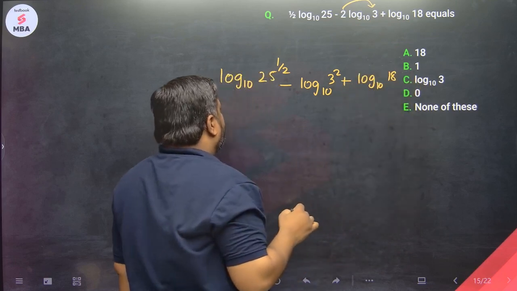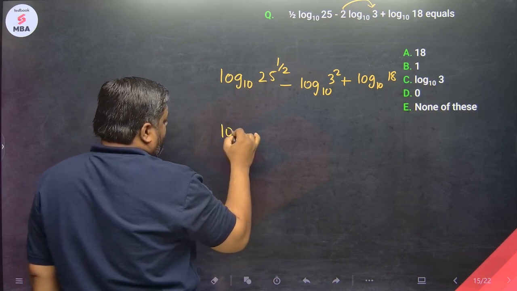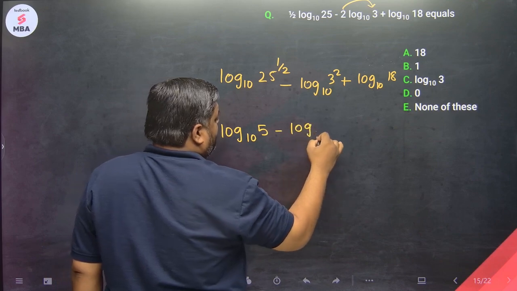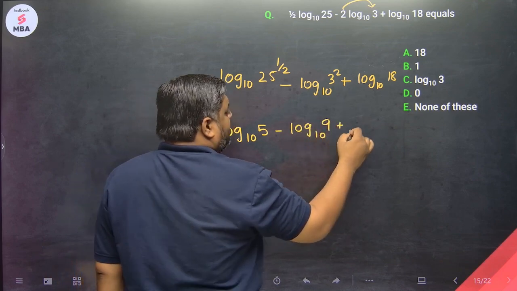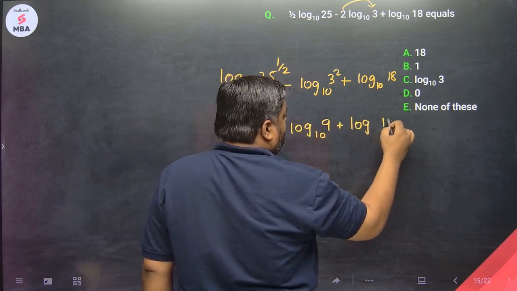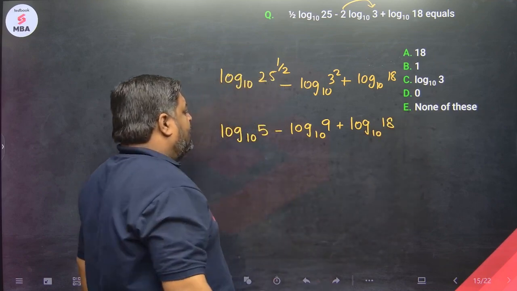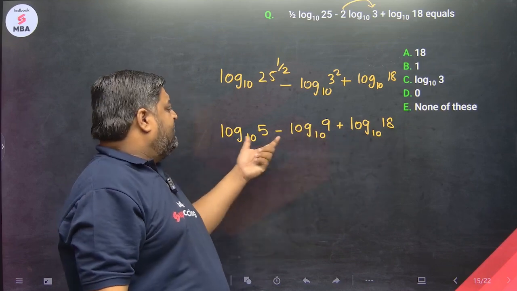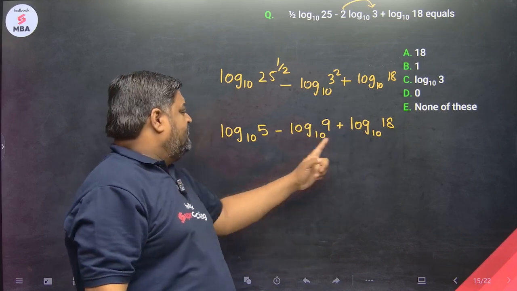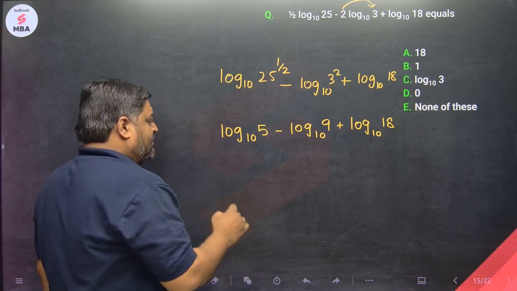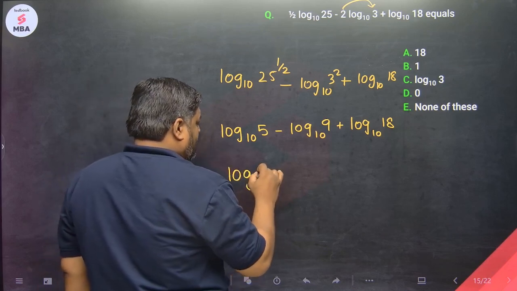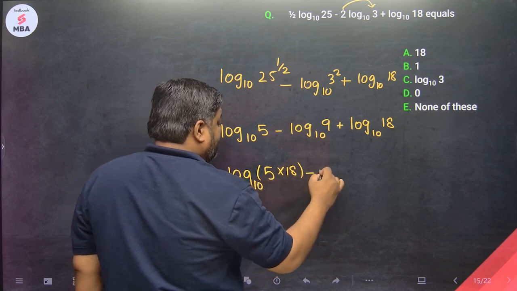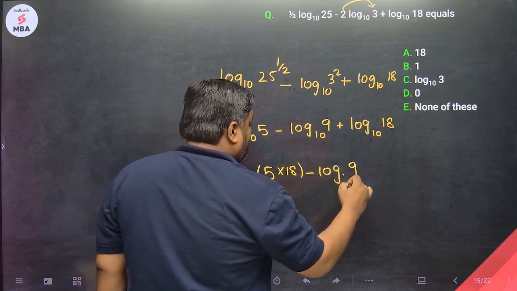Very good. So this is nothing but log 10 5 minus log 10 9 plus log 18 to the base 10. And now this is log A plus log B. So log A plus log B is what? Base is the same. So log AB, log 5 into 18 to the base 10 minus log 9 to the base 10.